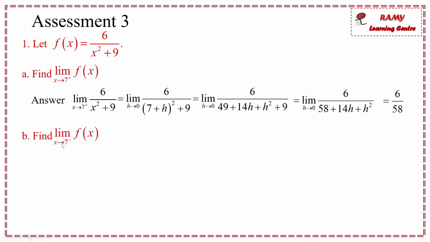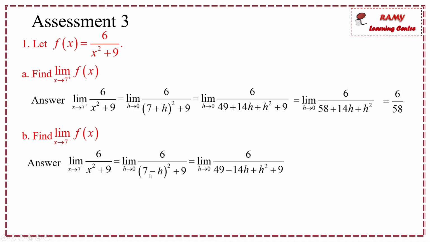Find limit x tending to 7 minus of f of x. So limit x tending to 7 minus of 6 by x squared plus 9 is equal to limit h tending to 0 of 6 by 7 minus h the whole square plus 9.